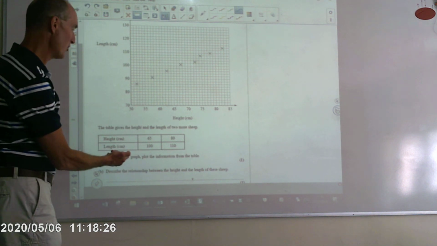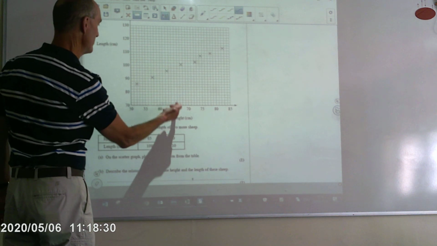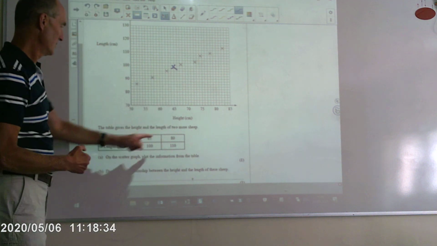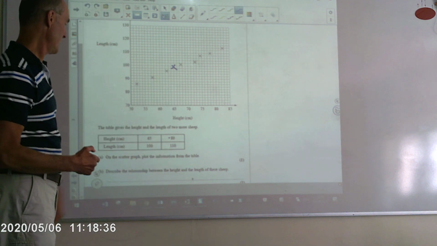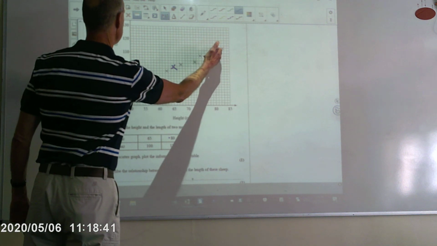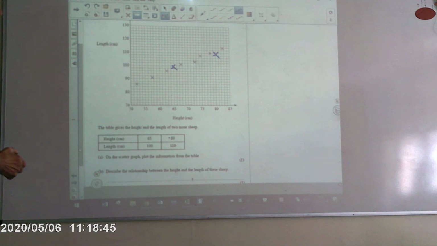It's asking you to plot the point. So 65 height, 100 long, so that's roughly there. 80 height, 110, so that's going to be roughly there. So it's giving you two extra points, which you get marks for plotting.